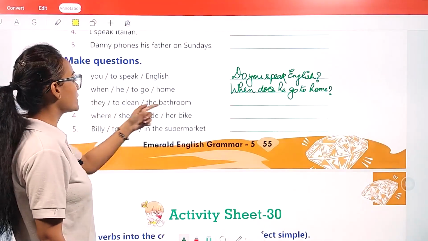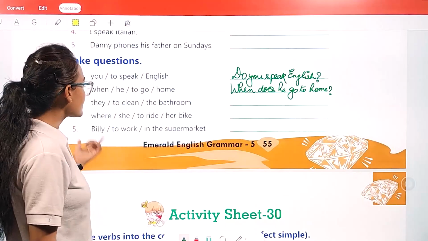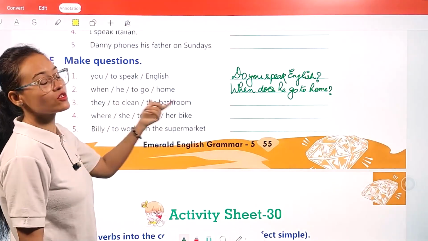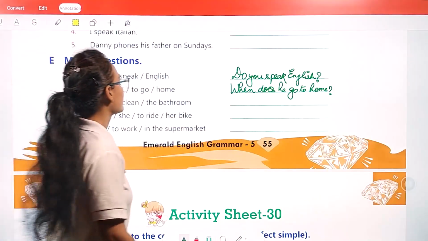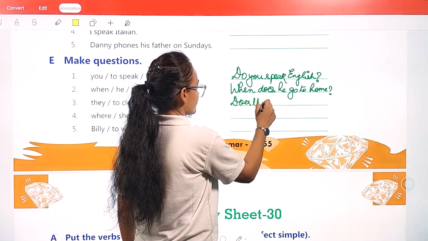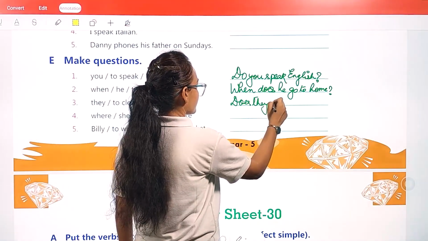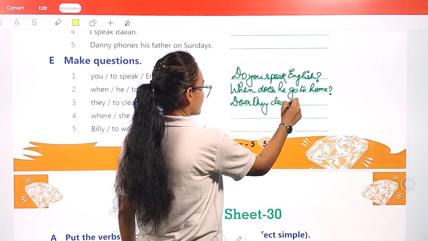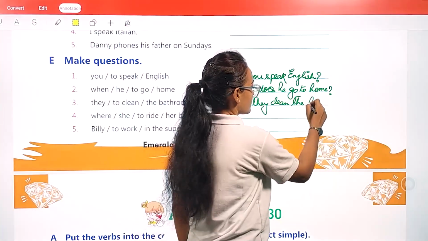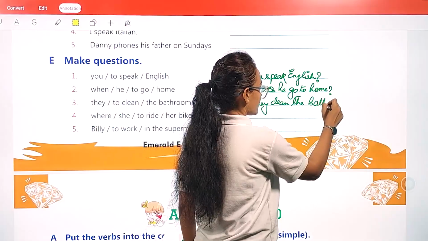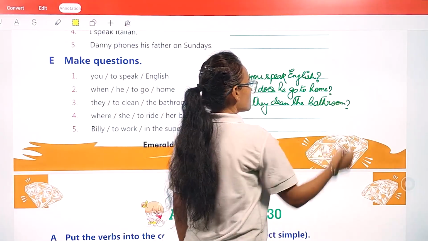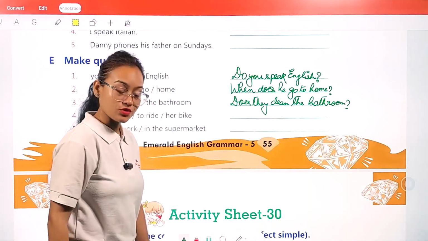Third one, they clean the bathroom. Do they clean the bathroom, or does they clean the bathroom? Which one would we say, does or do? Rest of the 4 and 5 you are going to complete on your own.